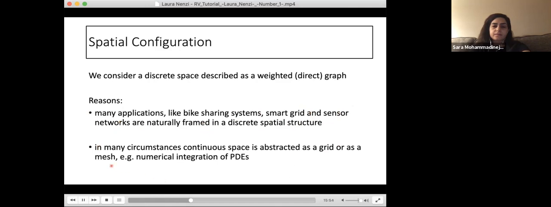The second one is that even other kinds of systems, such as a continuous space, are often described as a grid or as a mesh. Think, for example, of the numerical integration of partial differential equations. So for that reason, until now, the description of a space as a weighted graph seems to be the best description that we can have.